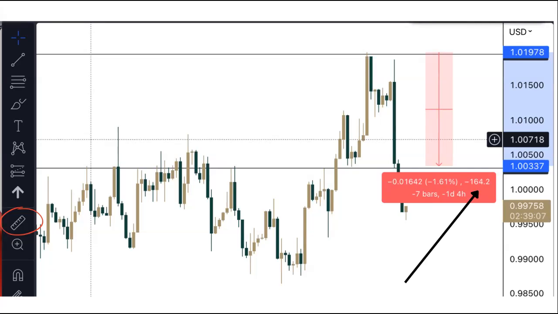or stress yourself out about trying to determine how many pips each move is or how to determine your stop loss. So you can always refer to the measurement tool on your TradingView in order to determine the number of pips that your trade has moved, or to determine your stop loss and the amount of pips that you're willing to risk.